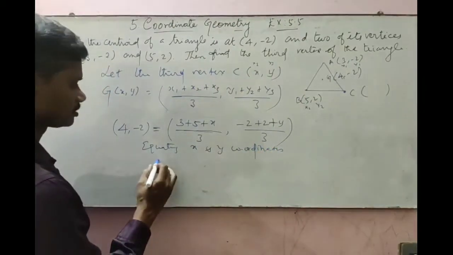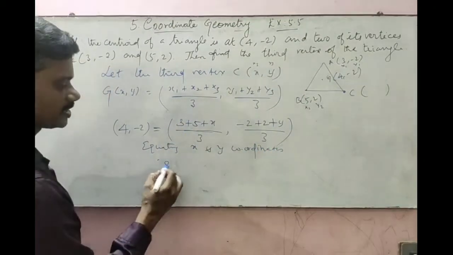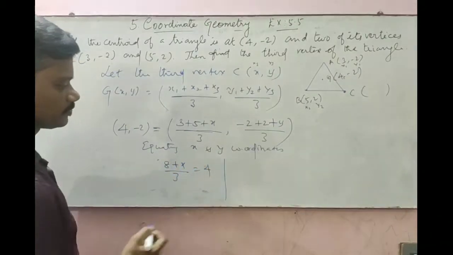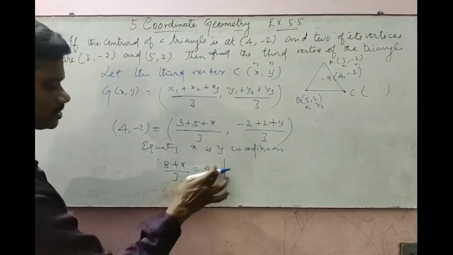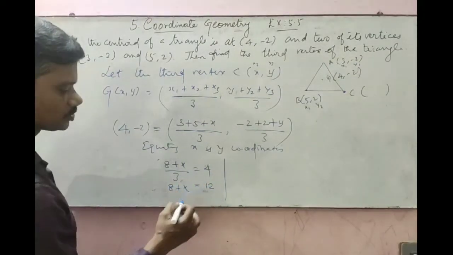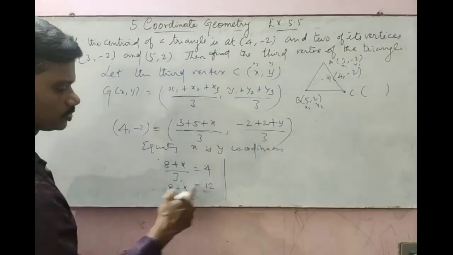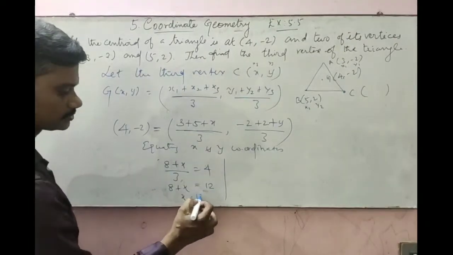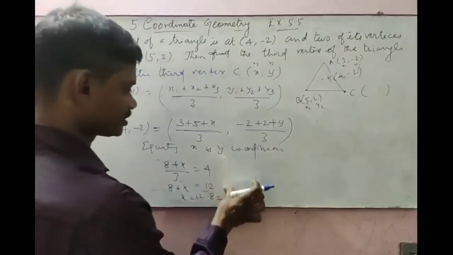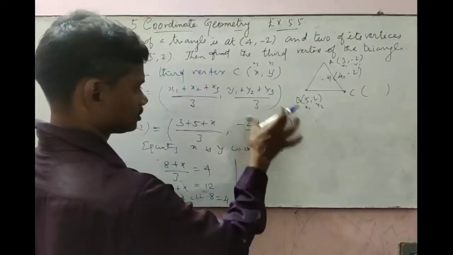we get 3 plus 5 gives 8, (8 + x)/3 equal to 4. If we cross multiply this, we will get 12. 8 plus x is equal to 12, x is equal to 12 minus 8, which is 4. Like that you can find the y.